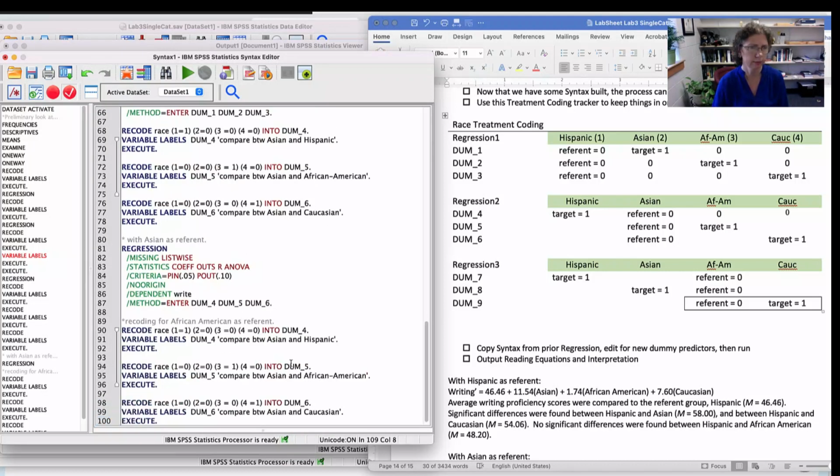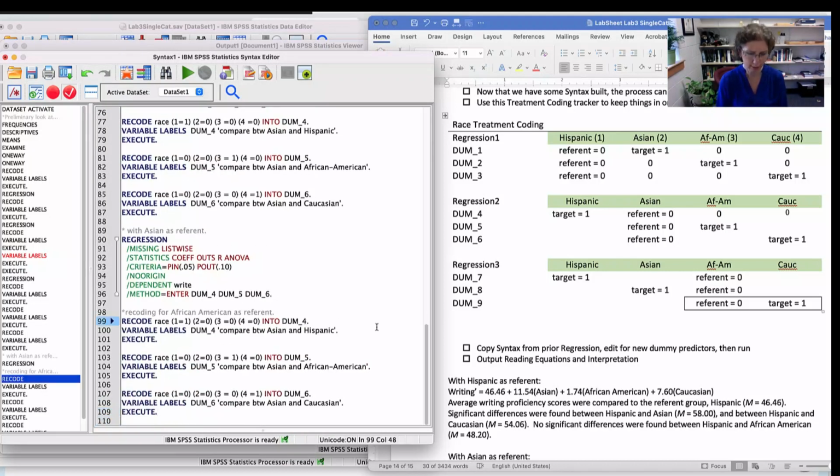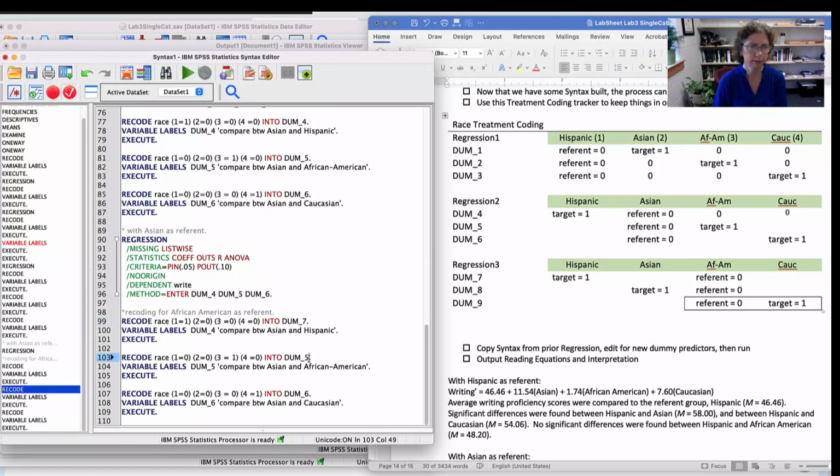Paste, and work with these guys. 7, 8, 9. Gotta make sure I change these, or it'll change the label on my ones that I've already made. So that could happen if you forget to change right there as well. It'll give a label to the wrong one. So here my referent is African American.